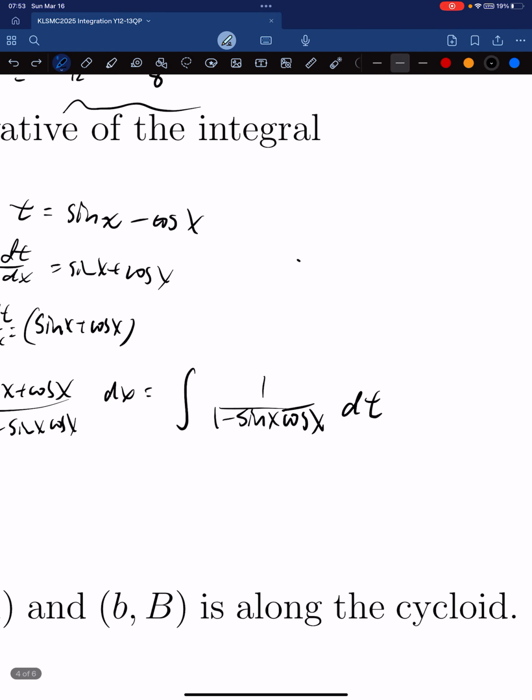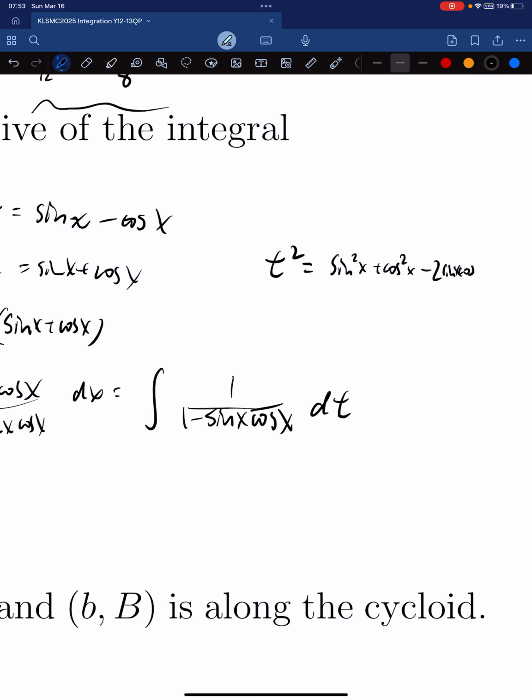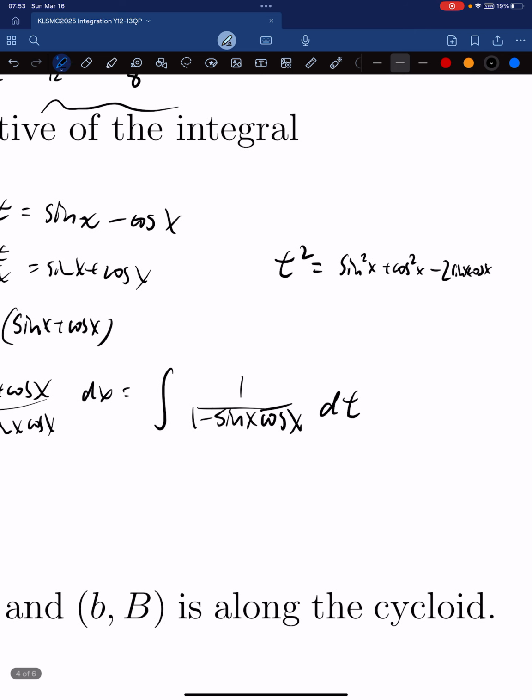Recall t squared equals sine squared plus cos squared minus 2 sine x cos x. So t squared is equal to 1 minus 2 sine x cos x.